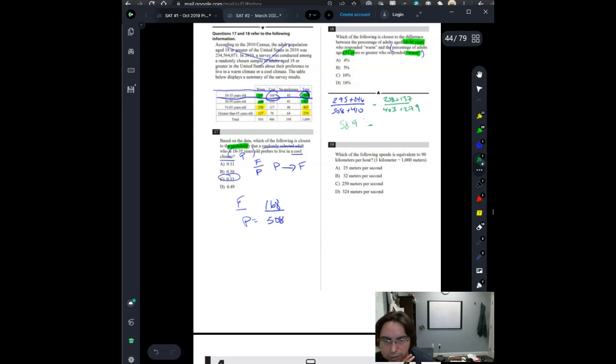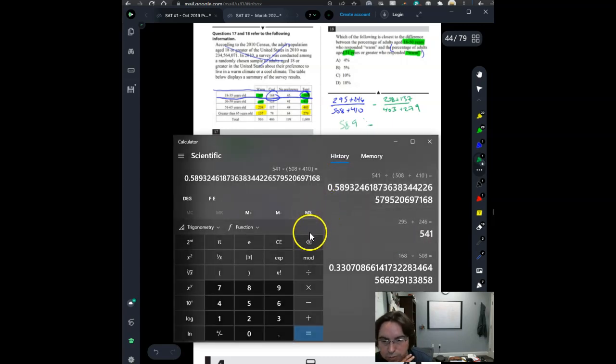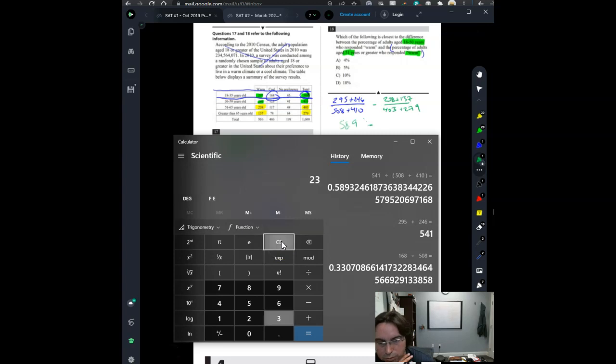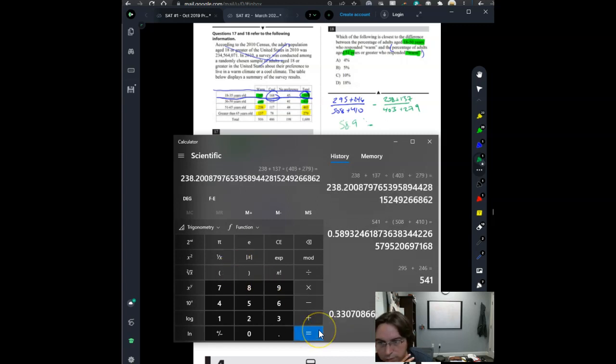58.9, and then we need to find the other term too. That's going to be 238 plus 137.